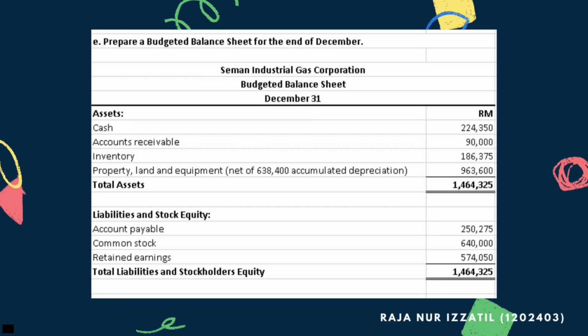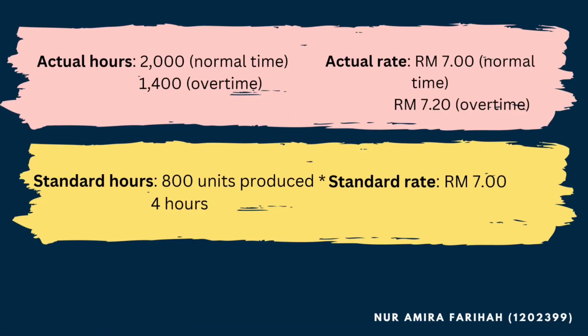After that, we sum up everything for the item under liabilities and stockholders' equity, starting from accounts payable until retained earnings. Then we will get the total liabilities and stockholders' equity, 1,464,325 ringgit. For question number 2A and B, this is our references.